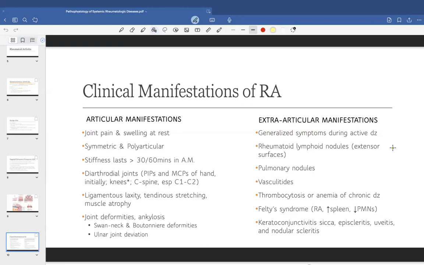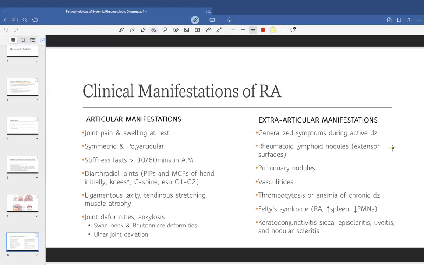If it's in the blood vessels, it's going to cause a vasculitis, which is just inflammation of the vessel walls. Not just, but it is. And if it's in the eye, it can be anything from a keratoconjunctivitis to episcleritis to uveitis. What part of the eye is affected?